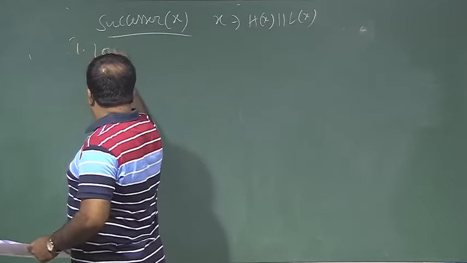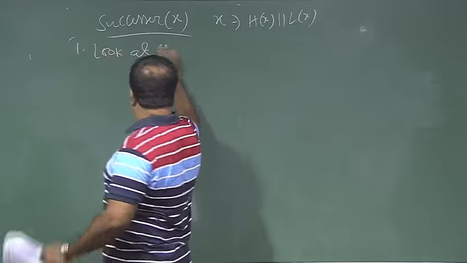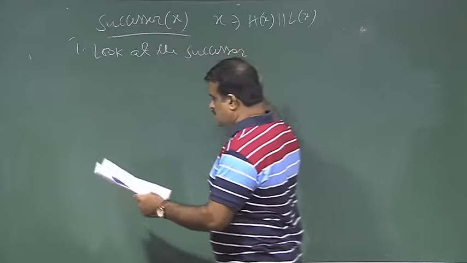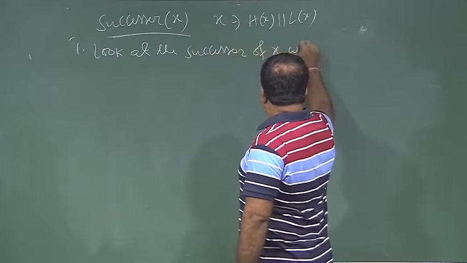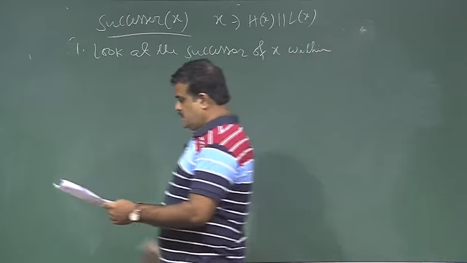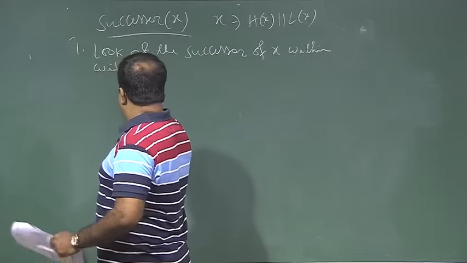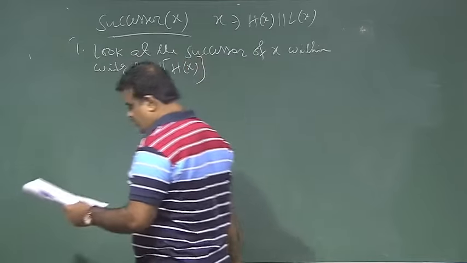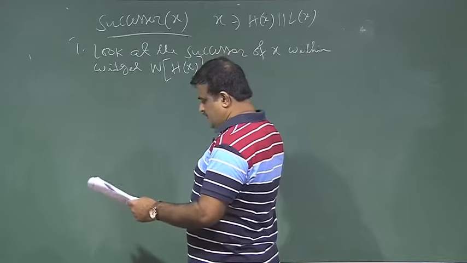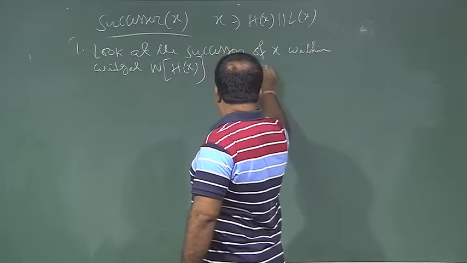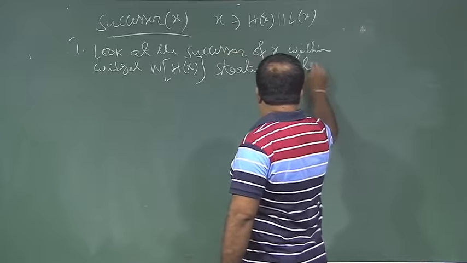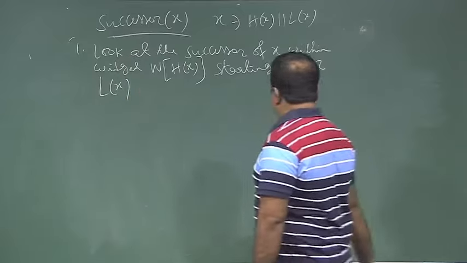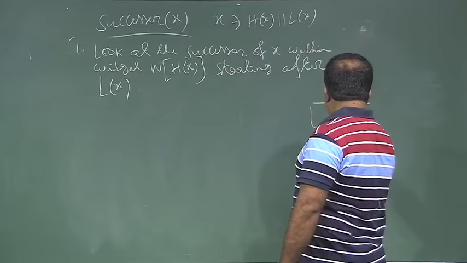So, we look at the successor of x within the widget or block W of high of x, starting after low of x. Okay. So, basically we have these blocks.